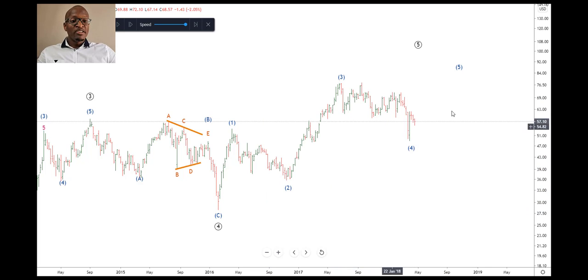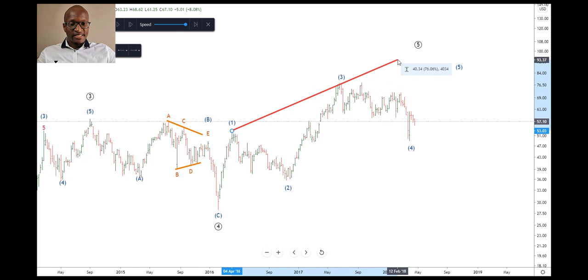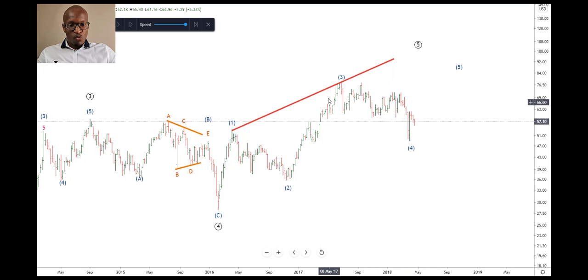In real time, it's very difficult to forecast the termination of wave 5, as it can either overshoot or it can undershoot, meaning it's a truncation when it doesn't make a new high relative to wave 3.